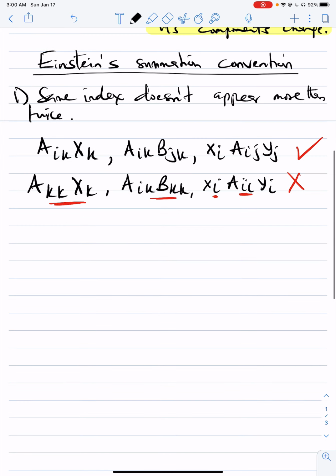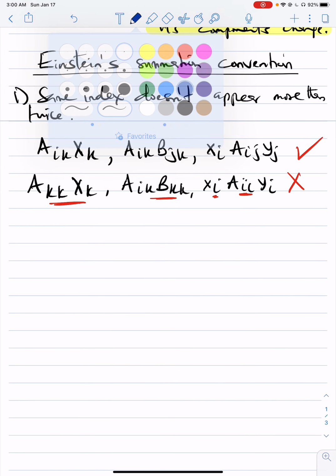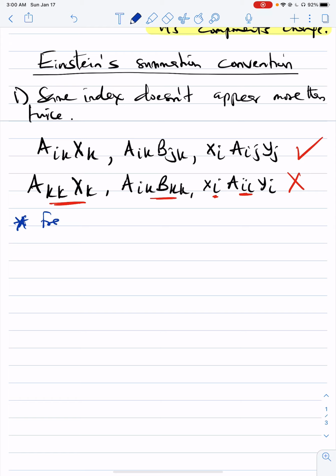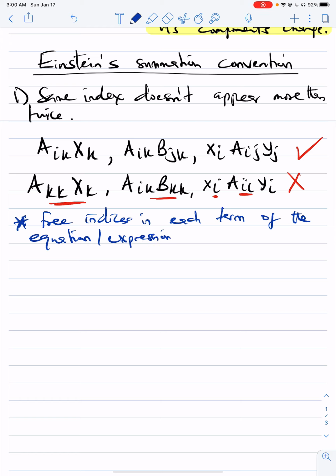One thing to note is that the free indices in each term of the equation or expression must be the same.